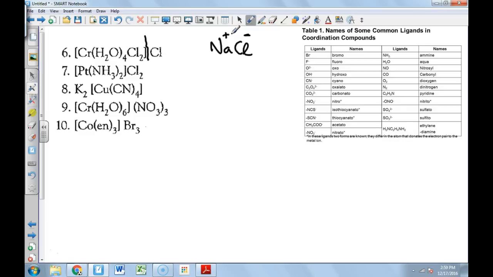Once we've named the two parts, we put them together and we get the name. For the positive cation, in this example we have sodium, and that's what we name it. That rule carries over to these sorts of compounds. For the anion, we're going to name it chloride.